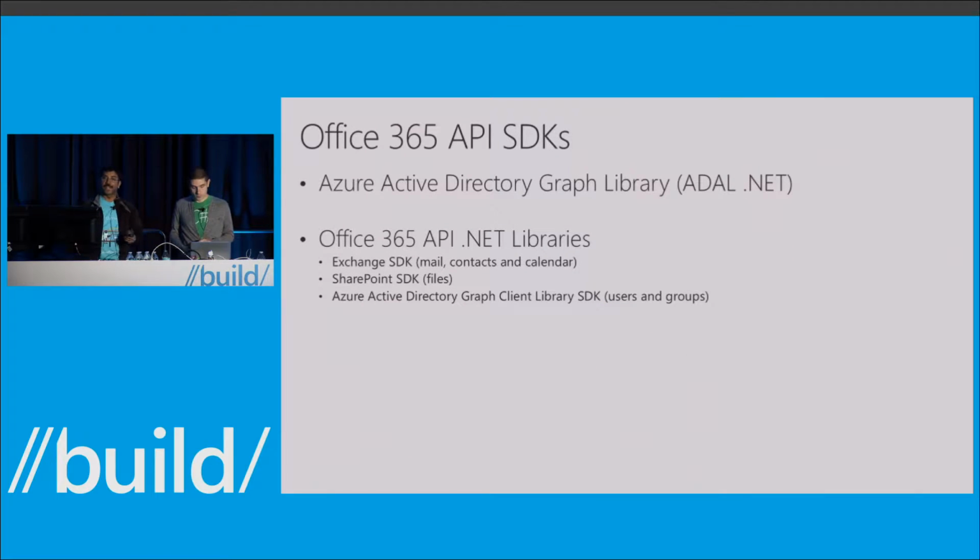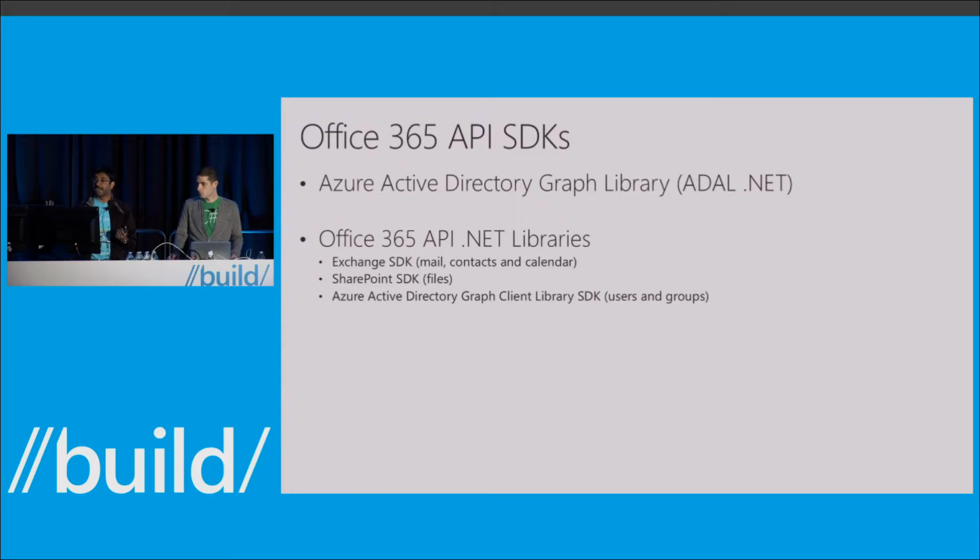For authenticating, we wanted to make it really simple, not go and tinker around with what this protocol is, what that protocol is. So luckily we have a library called the Azure Active Directory Authentication Library, ADAL.NET, which will help you authenticate with Azure AD resources and supports everything.